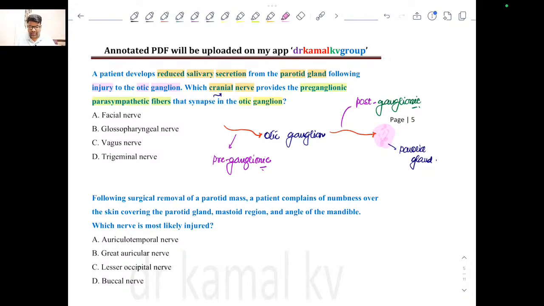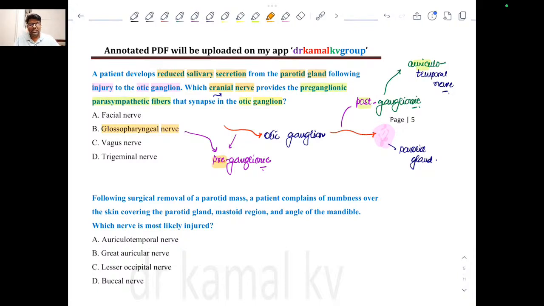And here this is mainly provided by the glossopharyngeal nerve, right. So this preganglionic is the glossopharyngeal nerve, and postganglionic is obviously the auriculotemporal nerve. Clear? So please remember this much: postganglionic, auriculotemporal; preganglionic is glossopharyngeal nerve.